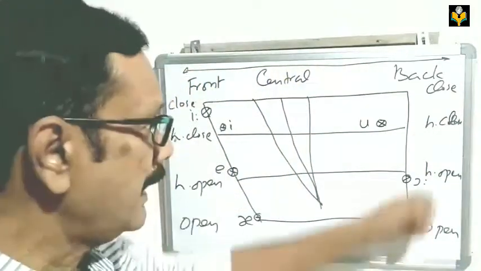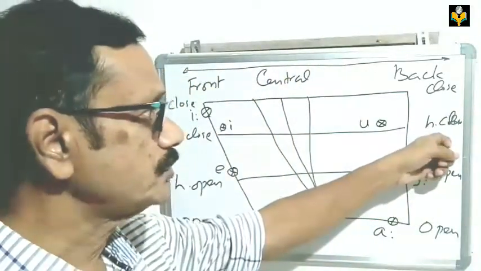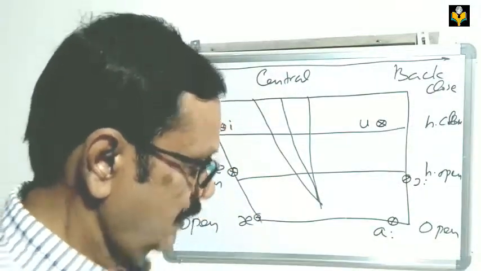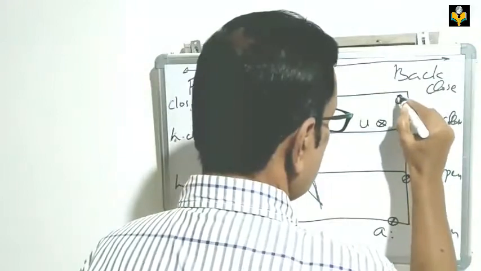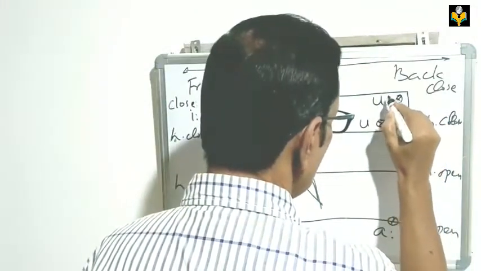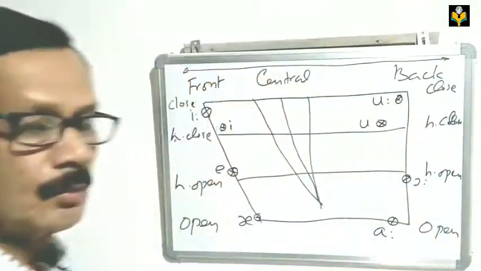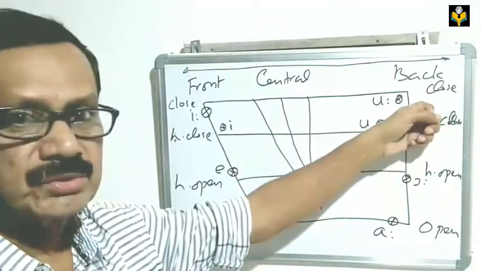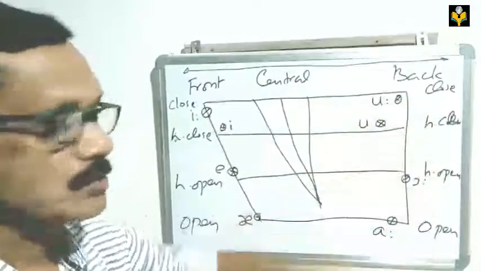There is a back half close, rounded. Then we can have this, U, back close, rounded.